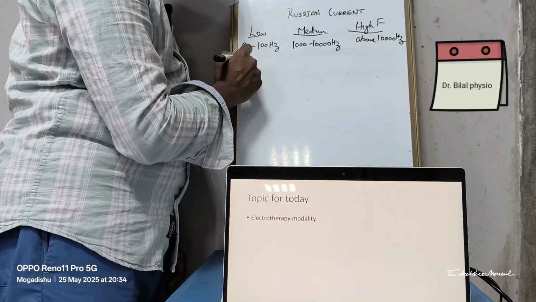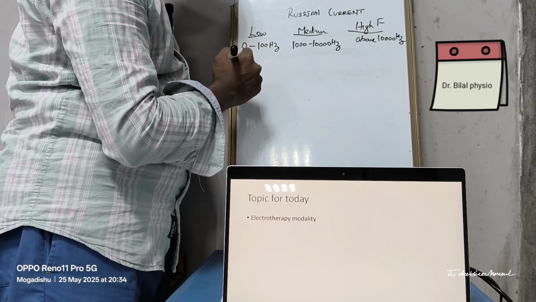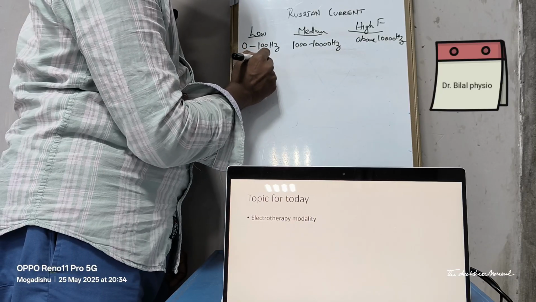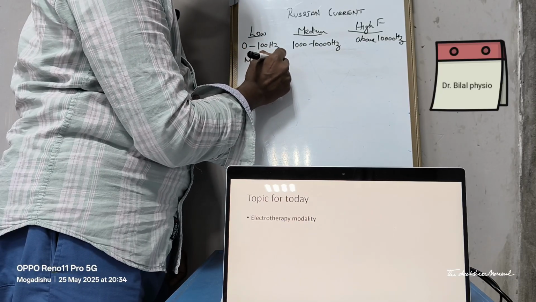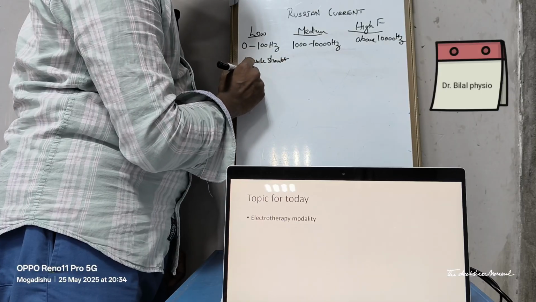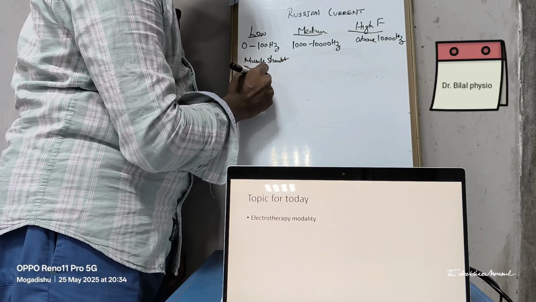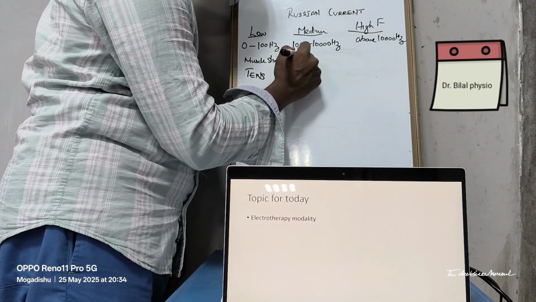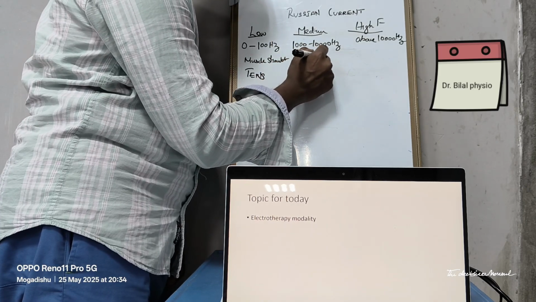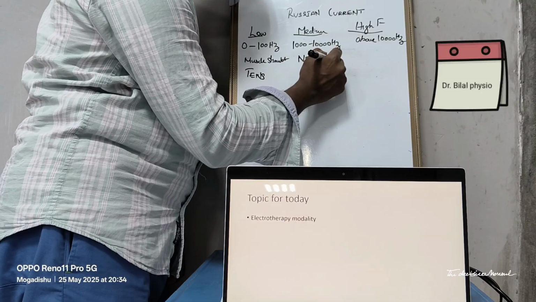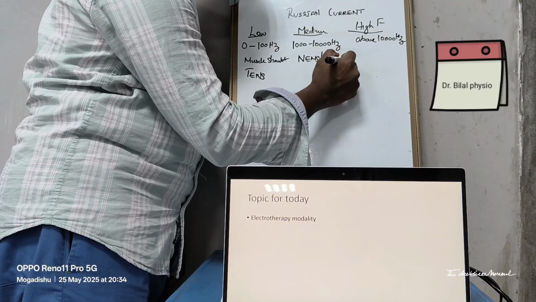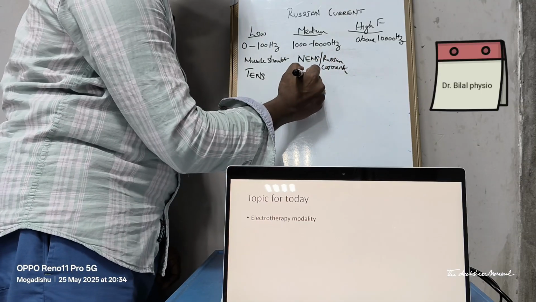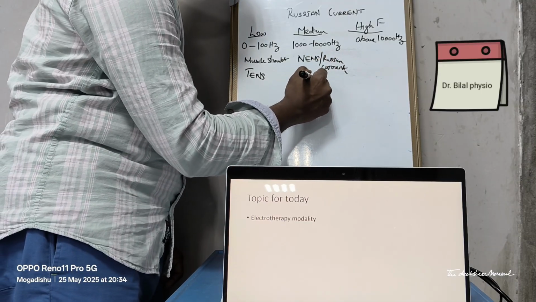What are the low frequency current modalities which you are using? A muscle stimulator and TENS. The medium frequency currents which we are using are NEMS or Russian current, and interferential therapy.